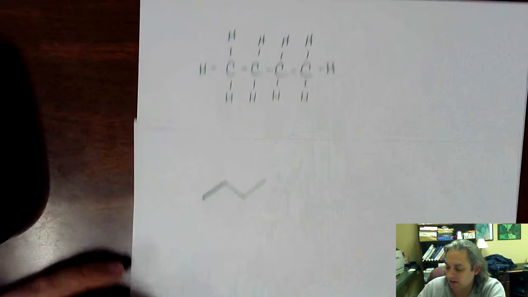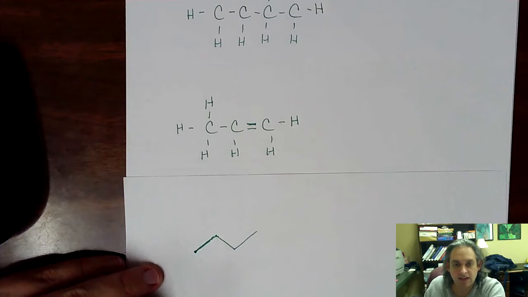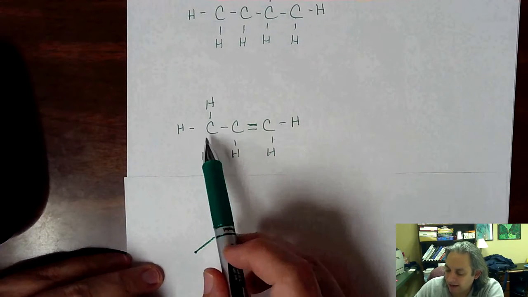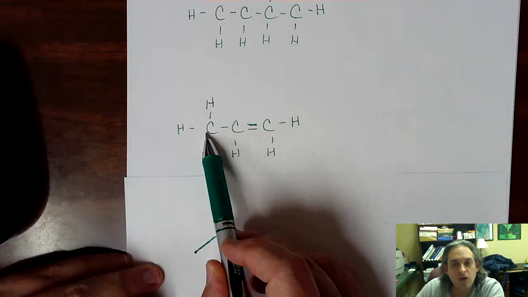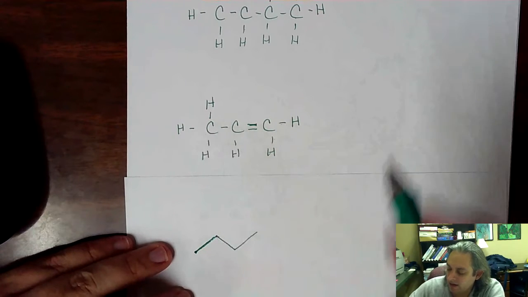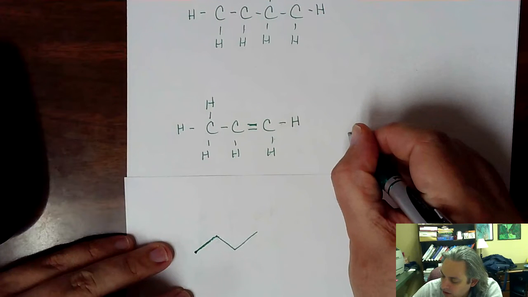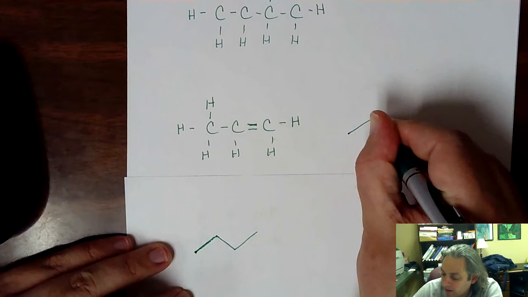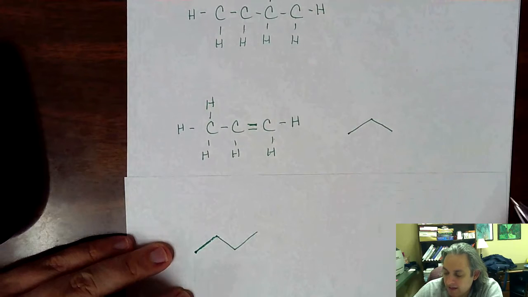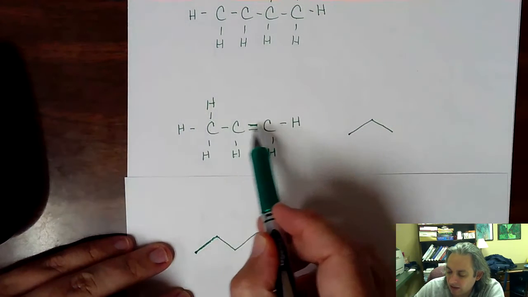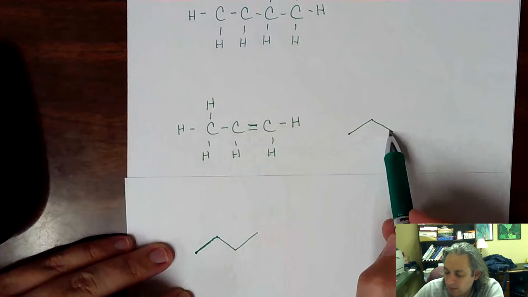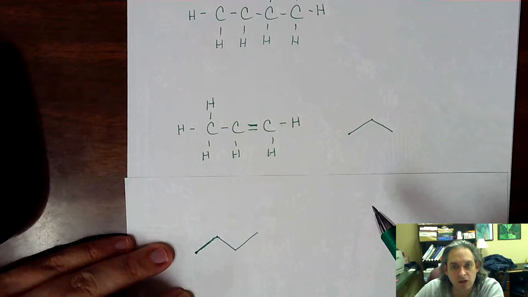Now what about another example? So let's look at this one right here. This compound has 3 carbons, so we're going to draw a line that has 3 points. Doing it next to this one, this will be point 1, that's the second carbon, and that's the 3rd carbon. We have 3 points here to represent those 3 carbons.